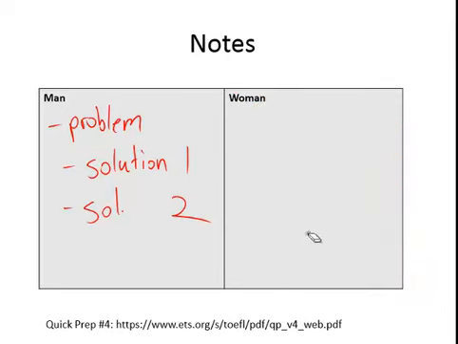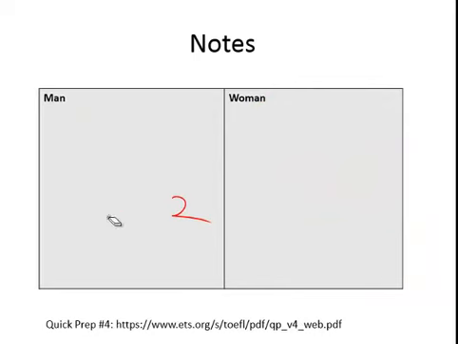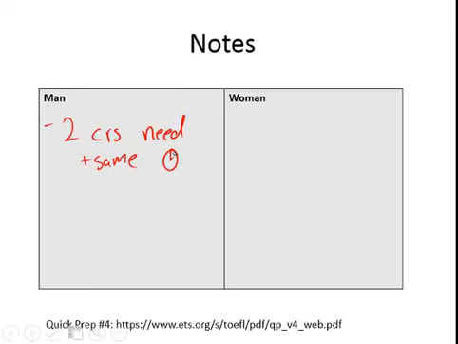Okay, now, what is the problem and what are the solutions? Well, the man's problem, there are 2 courses he needs to graduate, and they're at the same time. This is a clock, by the way. So he offers one possible solution.